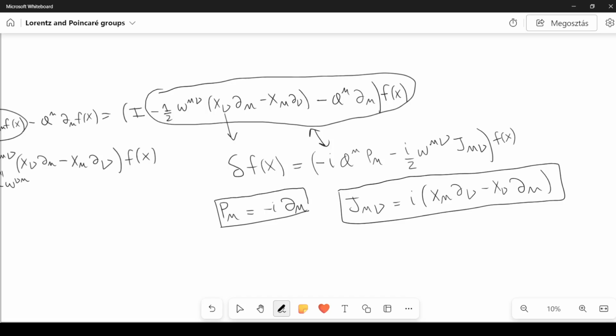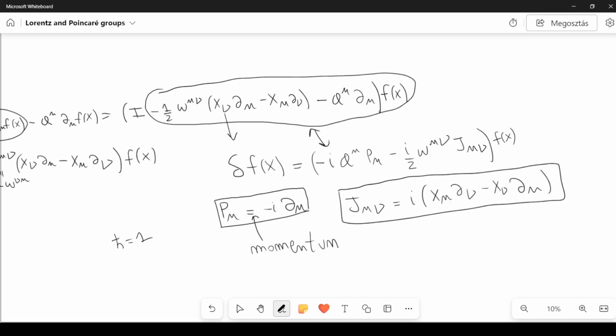Now, in quantum mechanics, this object here, multiplied by h bar, but that constant is not really important here, and sometimes in physics h bar is also set equal to 1. So indeed, there is a one-to-one correspondence with the momentum.